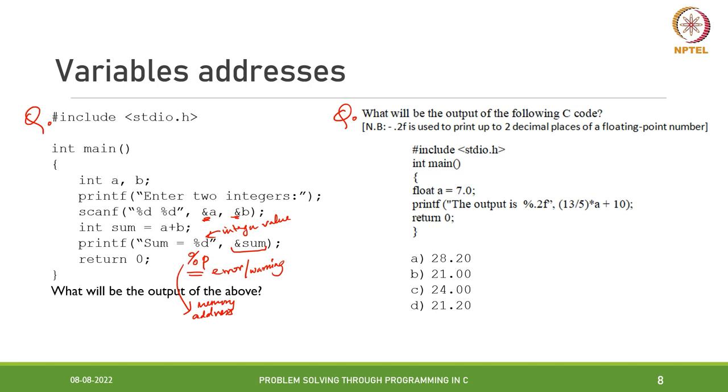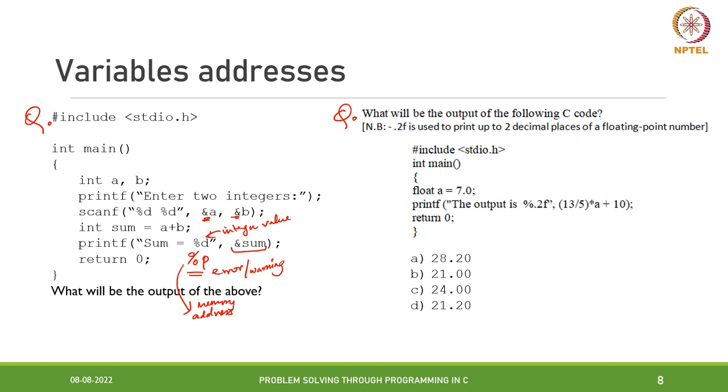So here I wanted to print an address. That is why I used ampersand sum, because I wanted to print the address of the variable sum. But for that I would have to use the format specifier percentage p. Percentage d will not be able to hold the address of any variable because it only holds integer values.